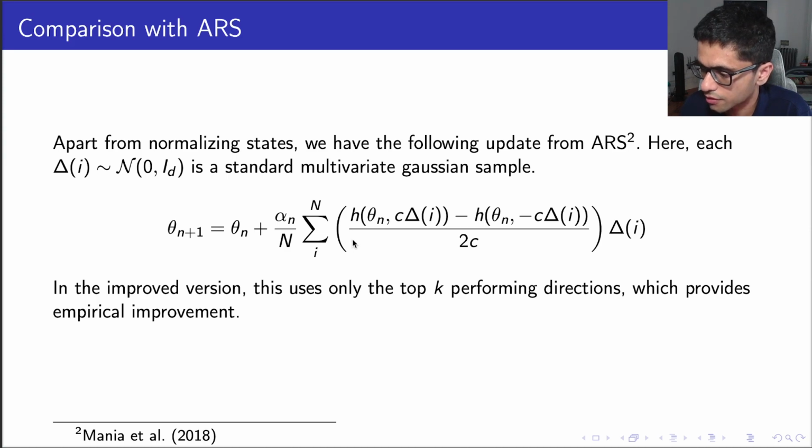This is to reduce variance, of course, but this comes at the cost of additional measurements from H. And then in the improved version of ARS, they use only the top k directions sorted based on the magnitude of this scalar. And empirically, it is known to provide a higher improvement.